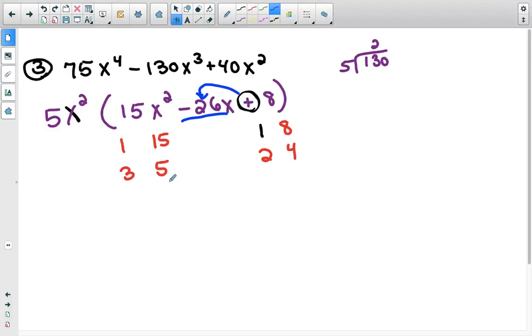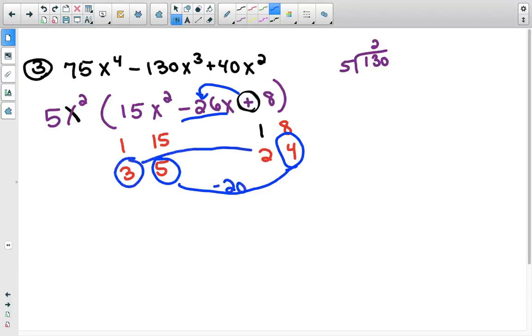All right, so look at this. What about 5 times 4? And that would be 20. Remember, I said I want them both to be negative. And I'm going to do 3 times 2 to get me a negative 6. So I am ready to factor. I'm going to have a 5x squared.